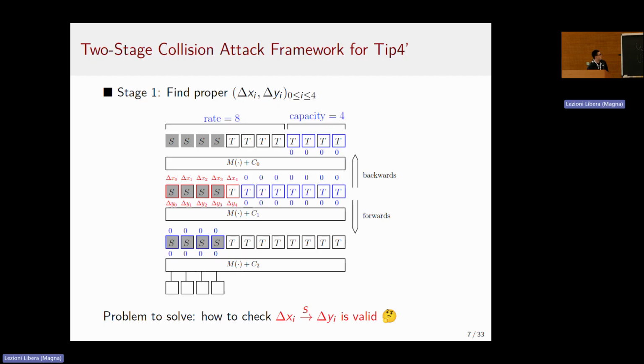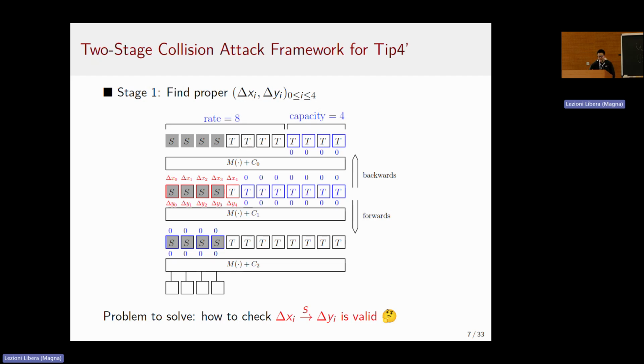Then, in the backwards direction, we want to ensure there's no difference in the inner part, which corresponds to 4 linear equations in Δx0 to Δx4. And in the forwards direction, we want to ensure there's no active S-box at the third round. This again corresponds to 4 linear equations in Δy0 to Δy4.